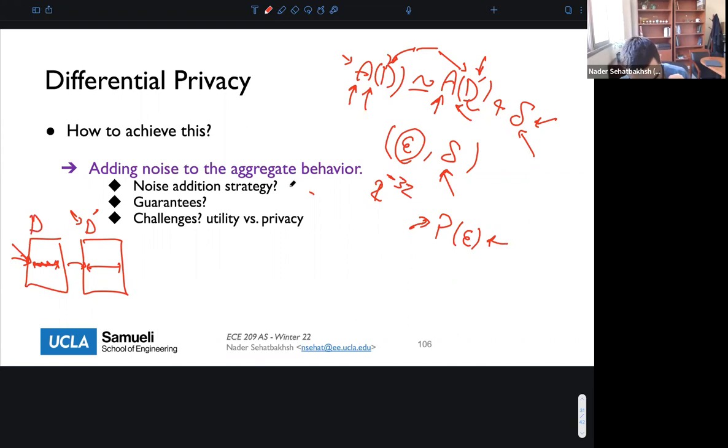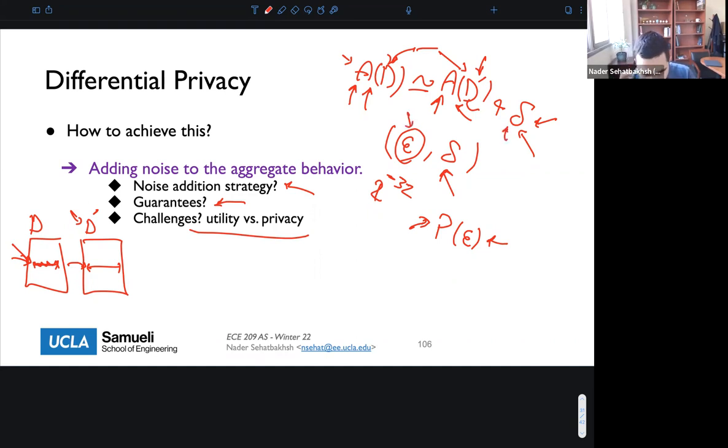Of course, there are multiple noise addition strategies, and there are lots of discussions about the guarantees that differential privacy would give us and so on. The biggest challenge with differential privacy is the notion of utility versus privacy, because essentially we are dealing with two things, delta and epsilon.